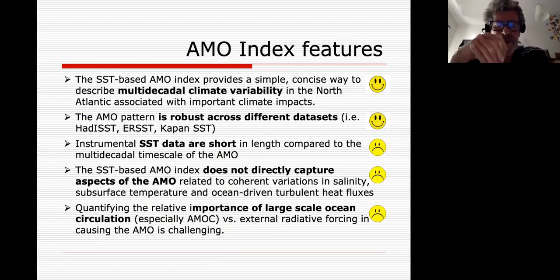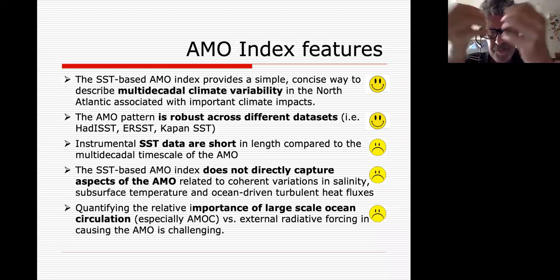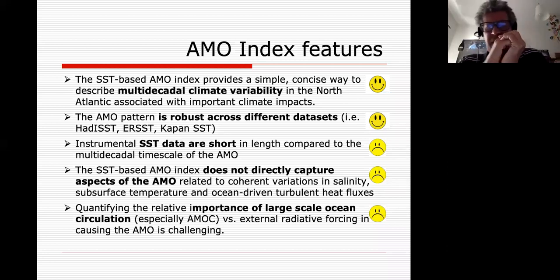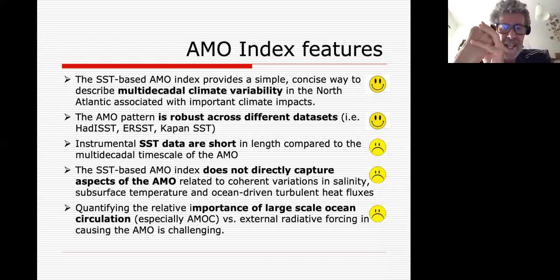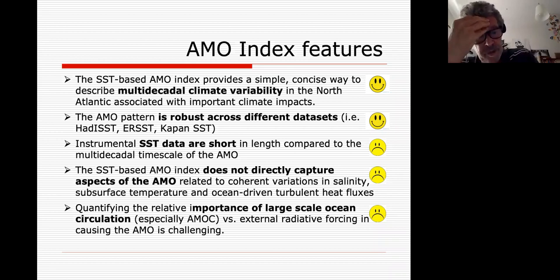The AMO index is based on SST. You know, SST is a cheap way to detect variability in the ocean. And the AMO index provides a simple, concise way to detect multi-decadal climate variability in the North Atlantic. And this is associated with important climatic impact.